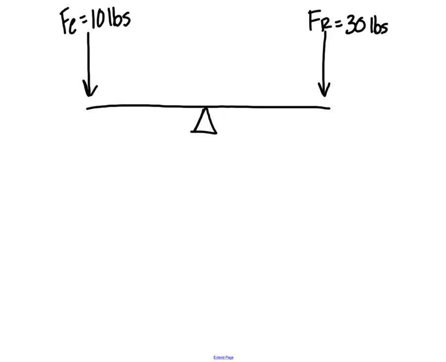So force and distance, so the moment on the left needs to be equal to the moment on this side. So what you're saying is the moment of the effort needs to be equal and opposite, which, because it's on the other side, will be the moment of the resistance. Okay?